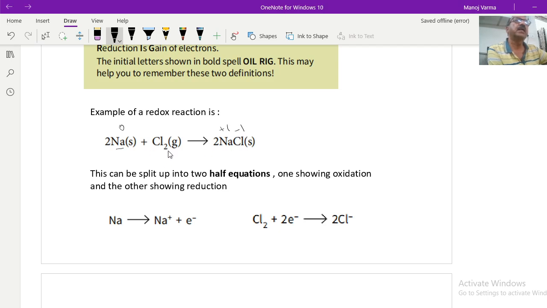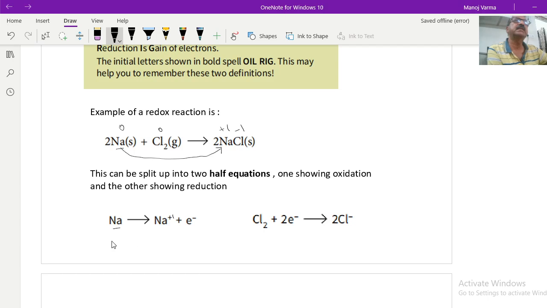But chlorine again, because it is not combined with any other element, has a charge of 0. So now if you consider this reaction in two parts, from sodium 0 it's going to Na+1. Sodium is becoming Na+1 here. So this must be due to a loss of electron.